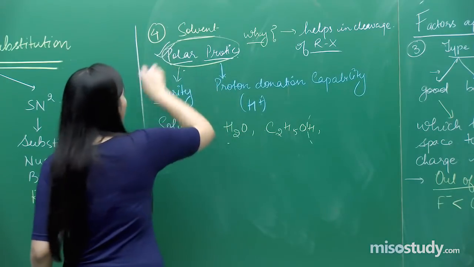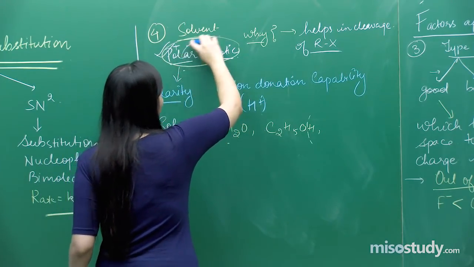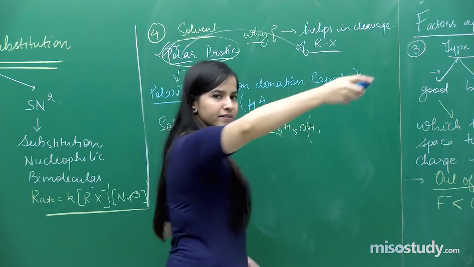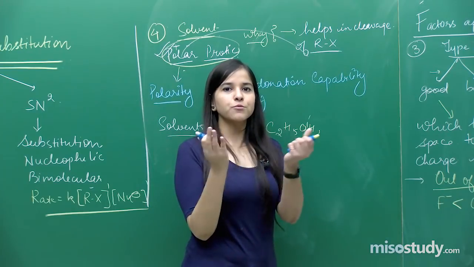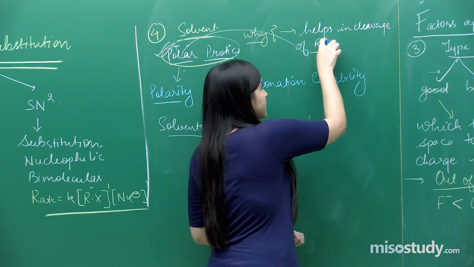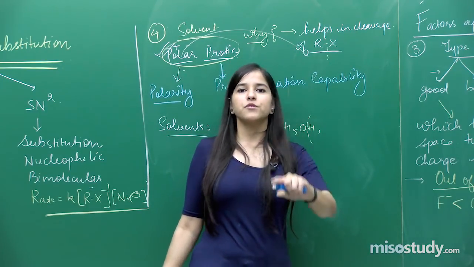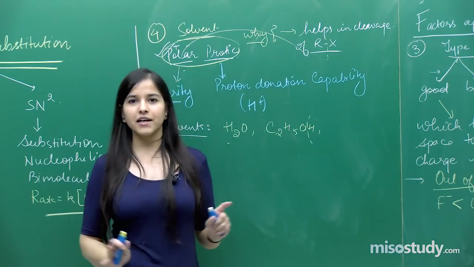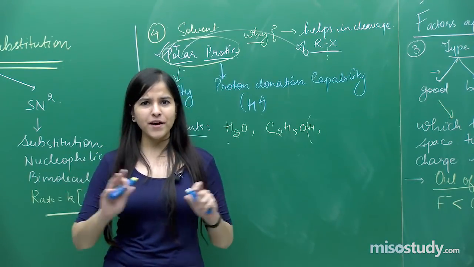Because since this is polar, it will have positive and negative poles, which will try to attract R and X, right? This is also having poles in it, and due to such polar interactions, this bond is more likely to get cleaved. Fine. So that is why we are using polar protic. I hope that is completely clear to you. And that was it under the category of Sn1. So I hope everybody has got it.